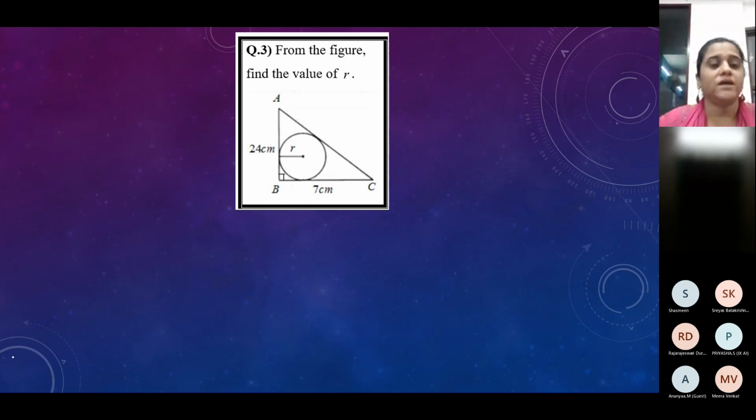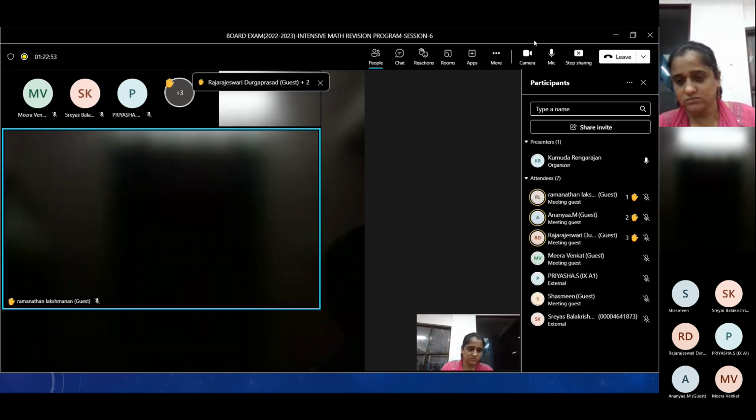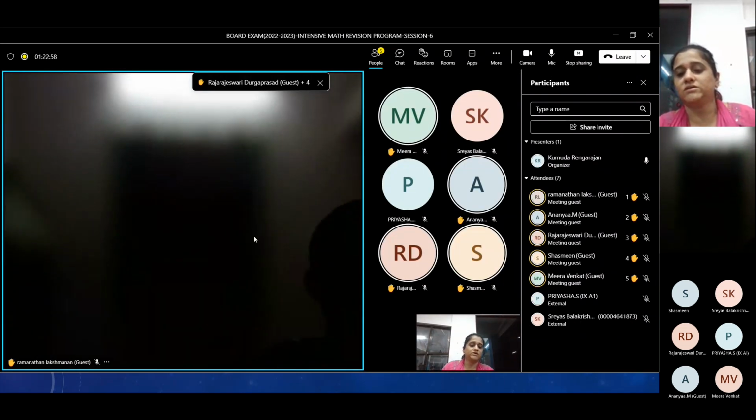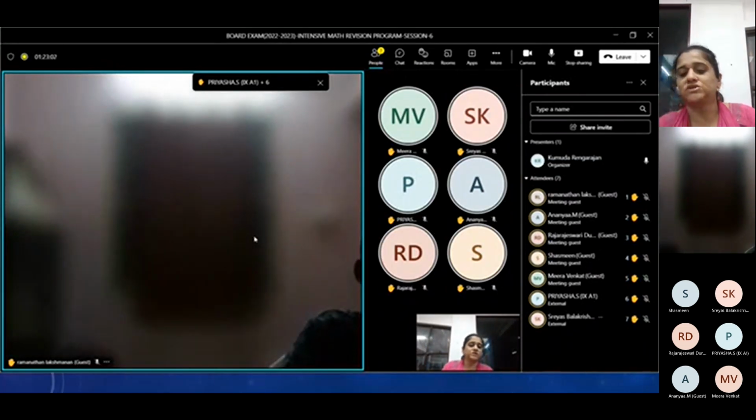Remember this: the inradius. Online students, use the emoji, raise your hand. Ram, Ananya, Rajeshwari, Sashmin, Meera, Priyashan, Shreyas, very good children.